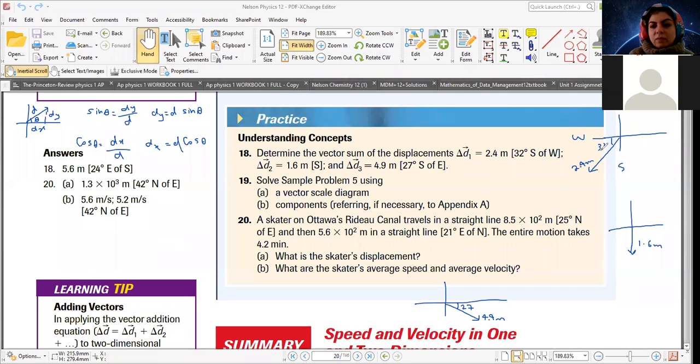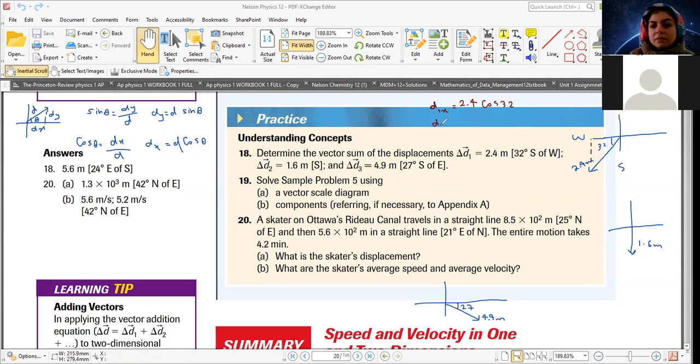I'm going to find the x and y component of d1. So d1x, the x component here is adjacent. Adjacent is cosine. It's going to be 2.4 cosine of 32.